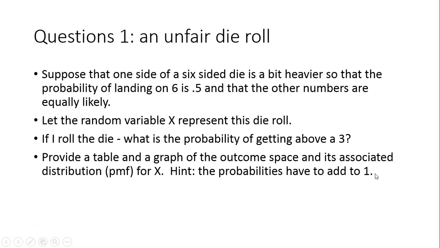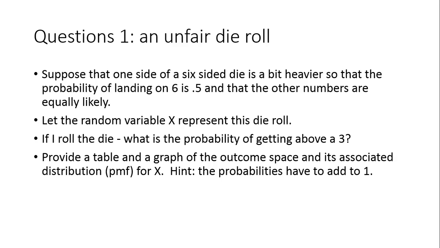So getting above a 3 means I need to get a 4, 5, or 6. Now, if landing on 6 has 0.5 probability, so it's half a chance that I land on 6, and half a chance that I land on any of the other numbers, the other numbers are equally likely, so they'll have to have a 0.1 probability each, because there are 5 of them and they have to add up to the other half.